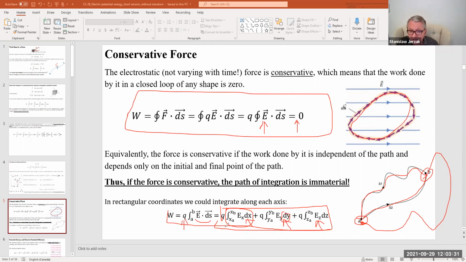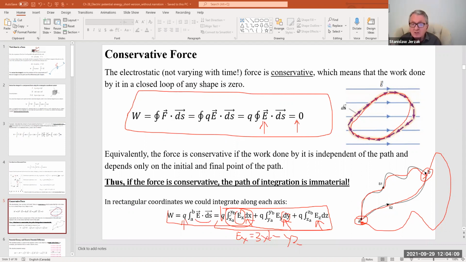Even if Ex would depend also on Y and Z, let's say if Ex would be equal to 3x squared minus YZ, then Y and Z you would keep constant here, and integrate over only X. So even if Ex depends on X, Y, and Z, Ey depends on X, Y, and Z, and Ez depends on X, Y, and Z, you will integrate one variable at a time, as you will see in the future.